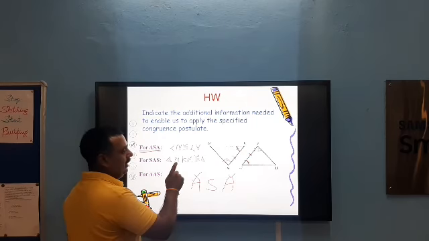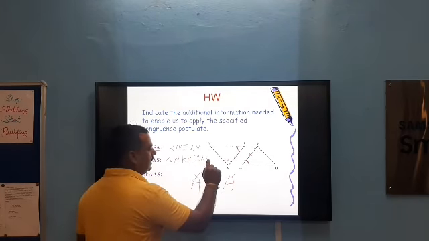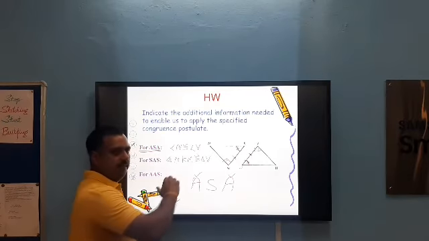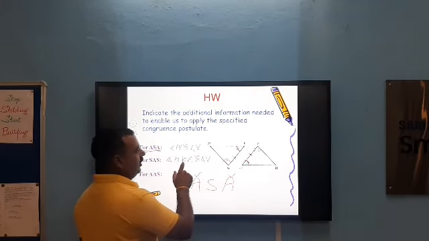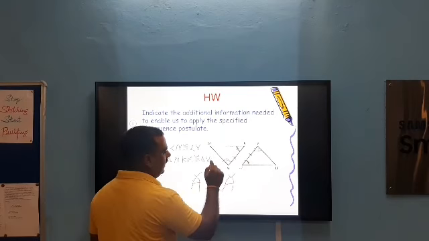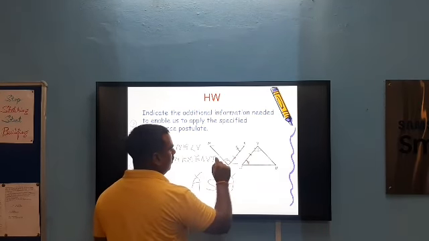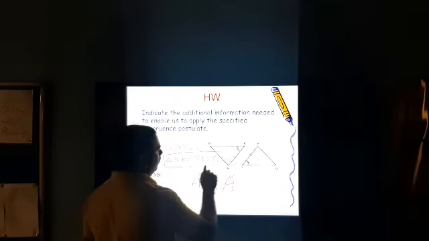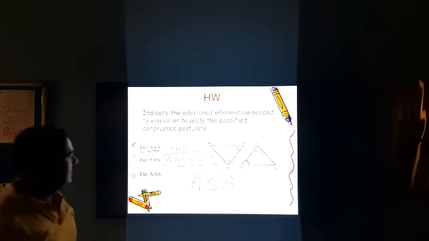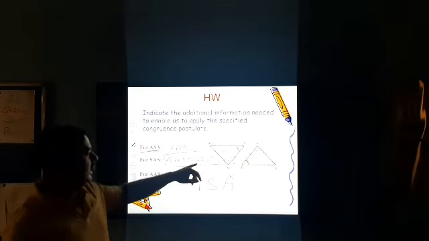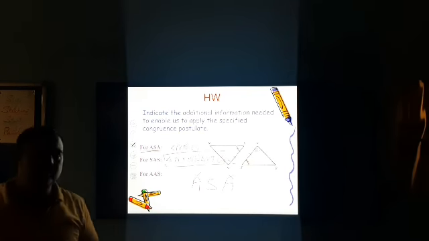If we write angle N here, so angle N is equal to angle V. So we start writing the other triangle's name from V, K equal to T, M equal to U, so VTU. So this is triangle NKM congruent to triangle VTU.